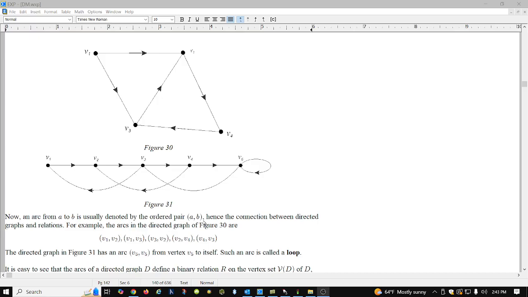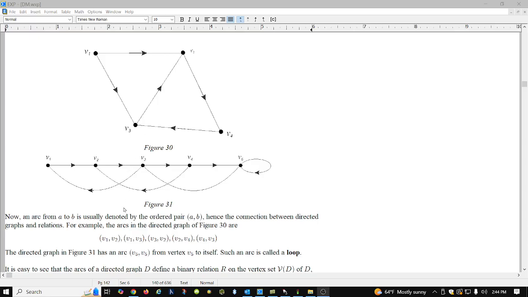Well, that's our connection with relations. Given a digraph, that's a shortened way to say directed graph, you have a relation. You've defined a relation on the nodes where one node is related to another if there's an arc from the first node to the second node.